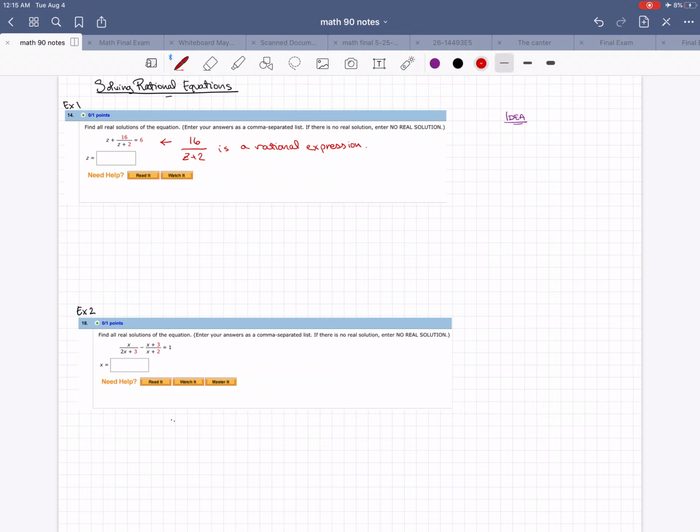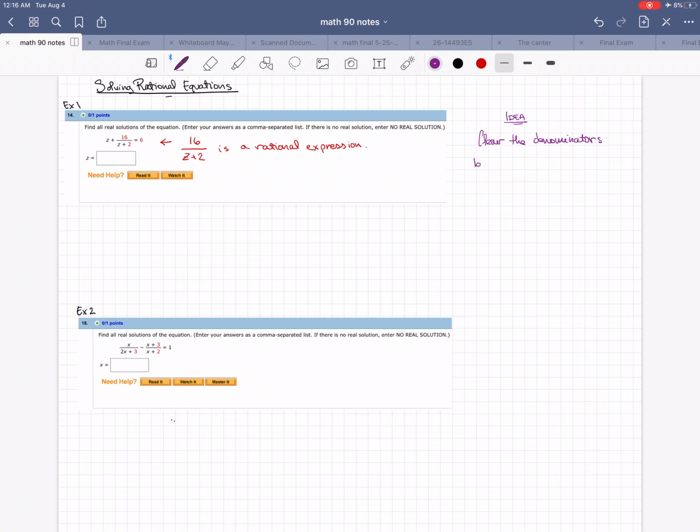So before we go into the details of solving these two problems, let's talk about the idea that we're going to be really adhering to when we're solving rational equations. And that idea is almost identical to the idea that we use when solving equations with fractions. Namely, we clear the denominators. And as I'm writing that, maybe you could think to yourself, well, how did we do that when we had equations with fractions?